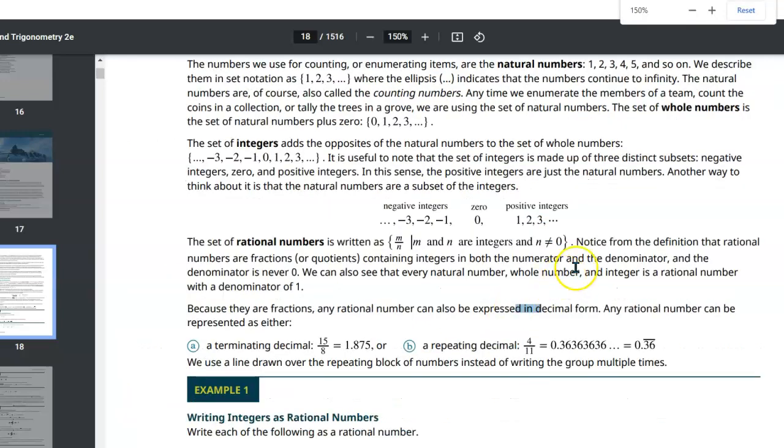Now, notice from the definition that rational numbers are fractions. You can also write them as decimals. But now when you write a rational as a decimal, it will either be repeating or it will terminate.